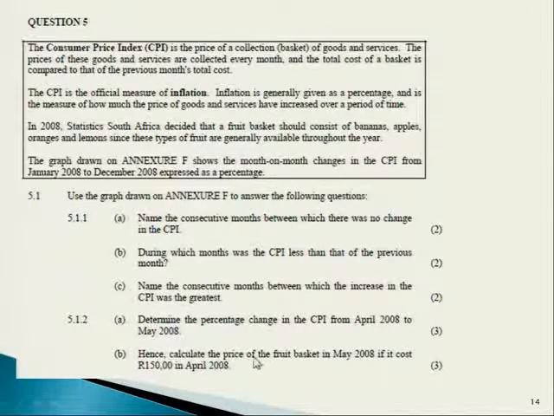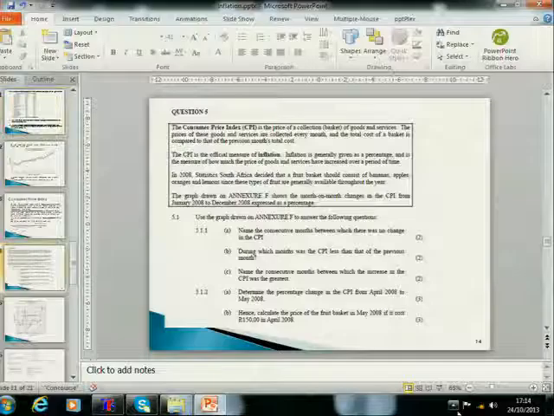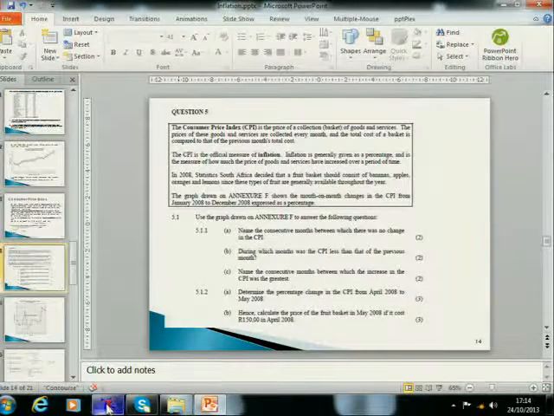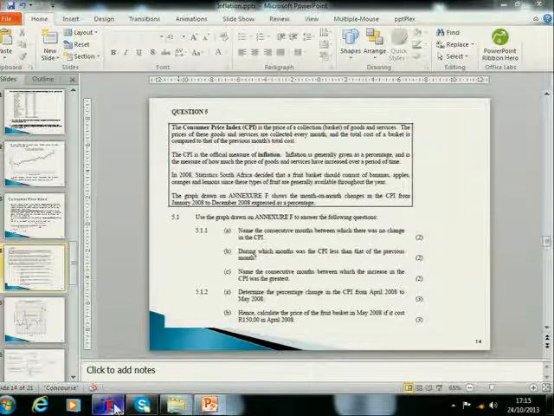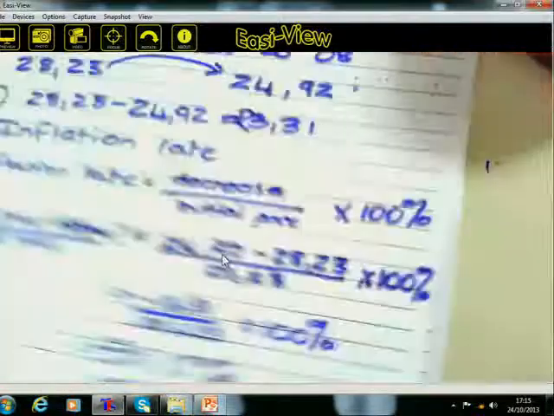Calculate the price of the fruit basket in May 2008 if it cost 150 in April 2008. Now remember, what did we see? There was a decrease. So now it means that that price must actually come down. So let us quickly calculate that value of the new price.